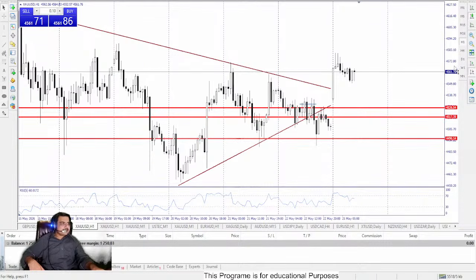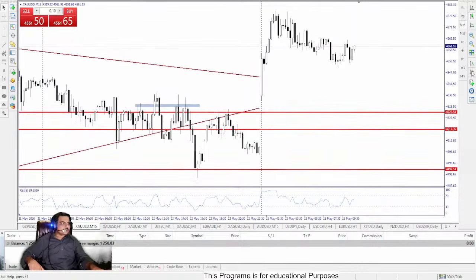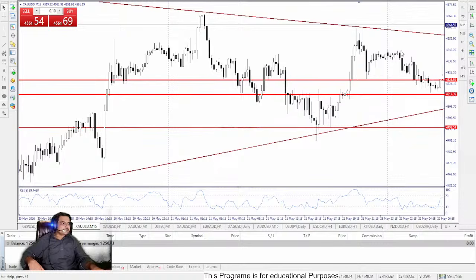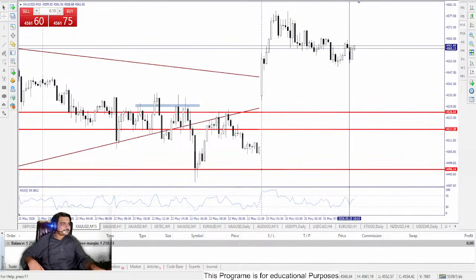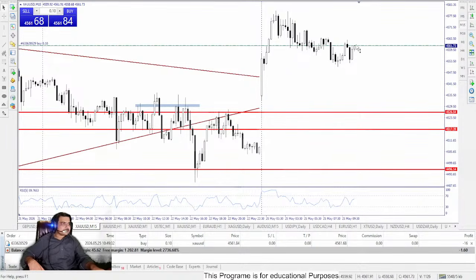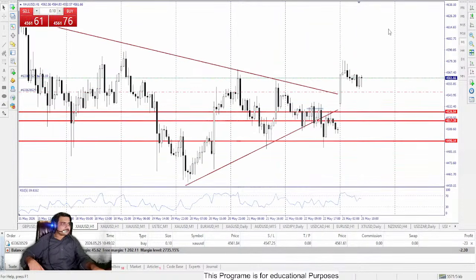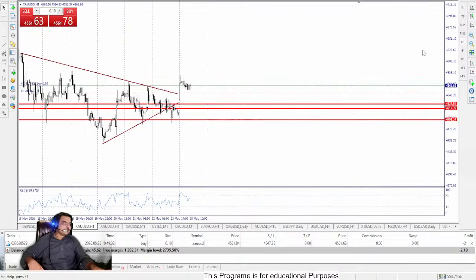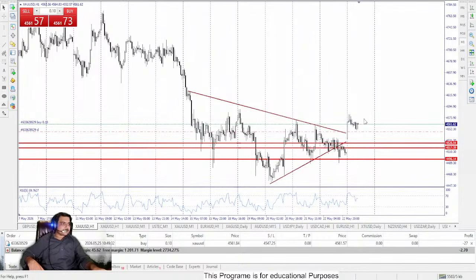So any buying, let's suppose it is going to be on a 15-minute time frame, for example this one, and the target obviously will be what? The target will be this area.